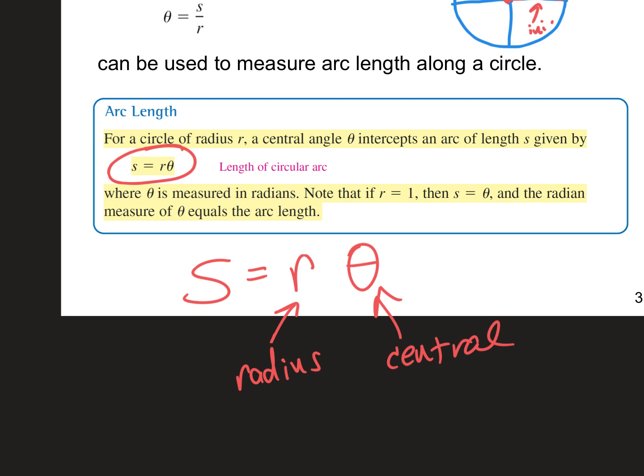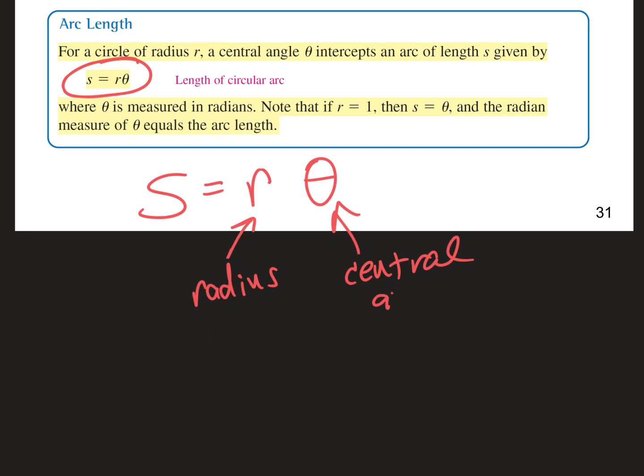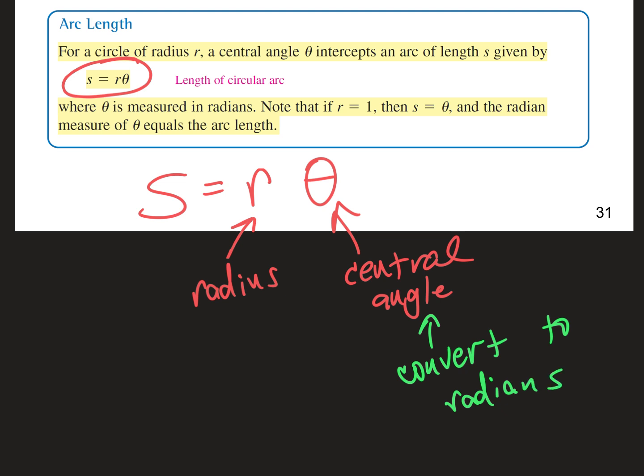Degrees. So what are you going to have to do first? Convert. Always, always, always, guys, this central angle, when you go to put it into your equation, you have to convert to radians first. That's where this will get you. Nothing about this is hard other than if you forget that little tidbit, then your answer is wrong.